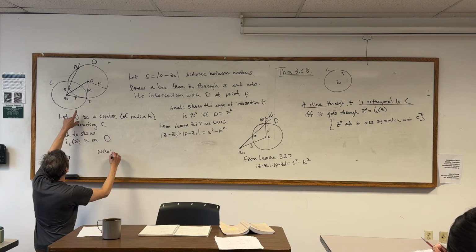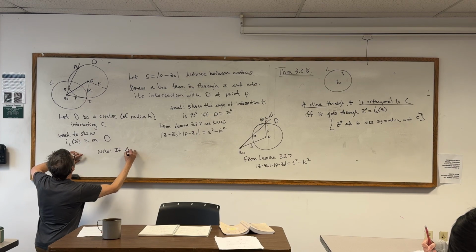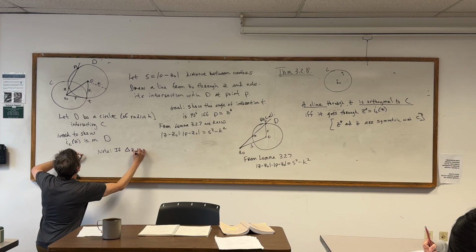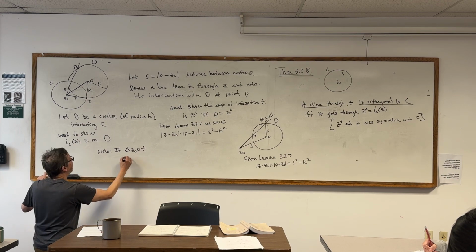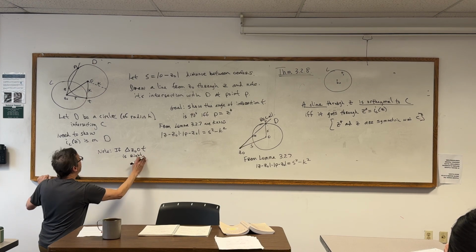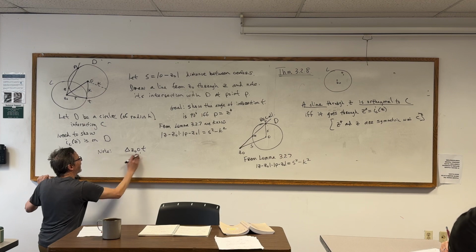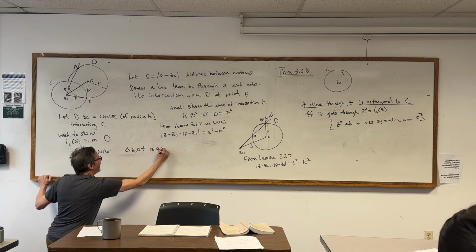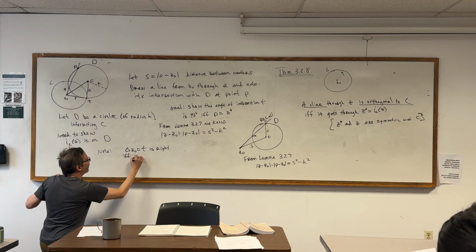I'm just making little side notes that triangle ZOT, or whatever that is, is right if and only if the Pythagorean theorem holds.